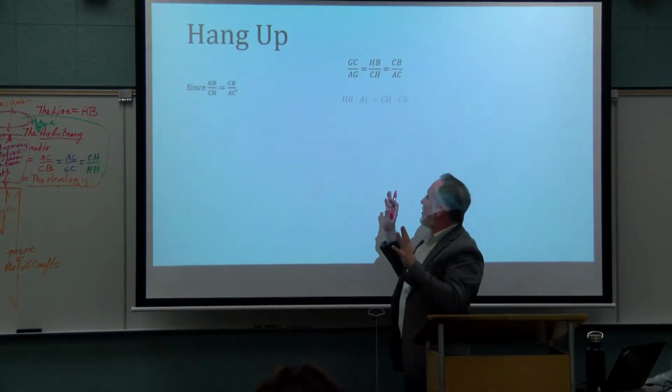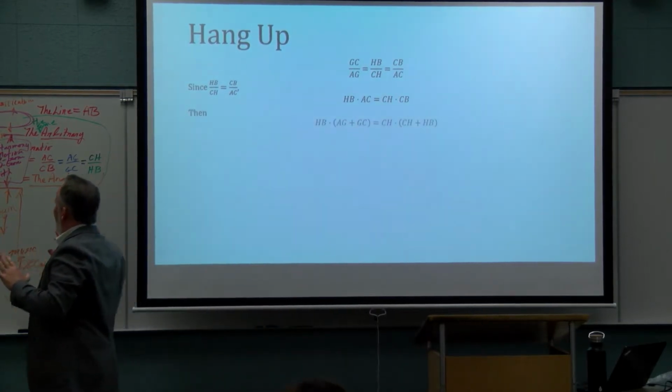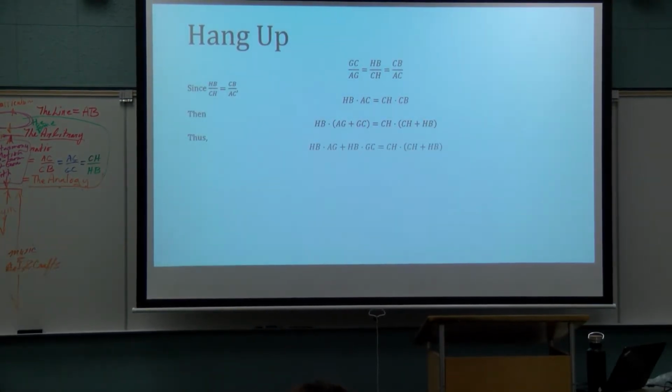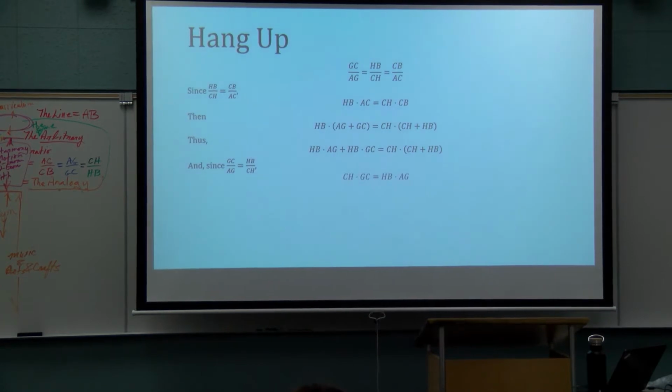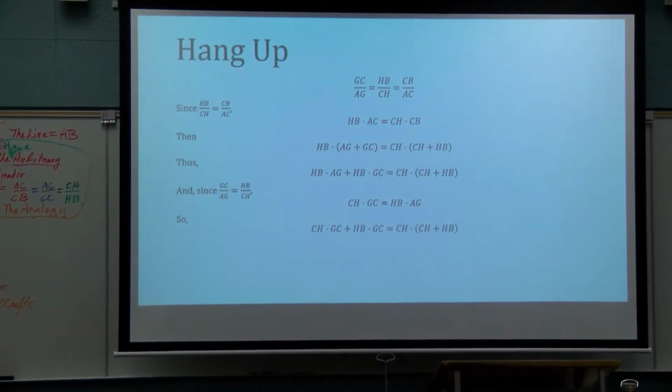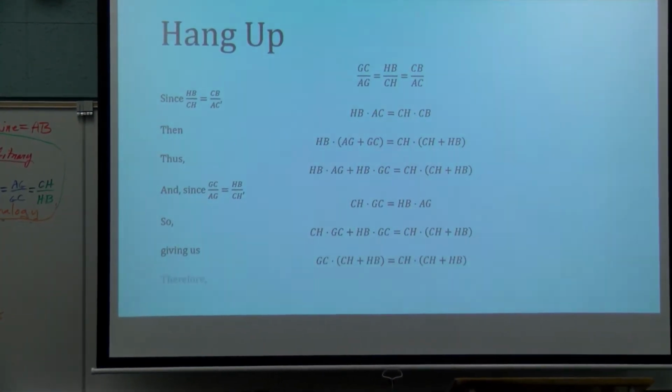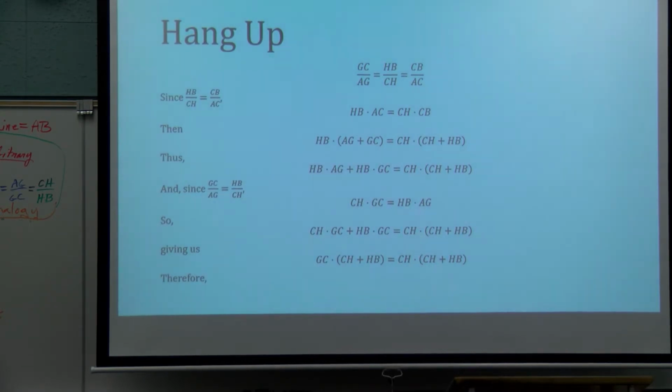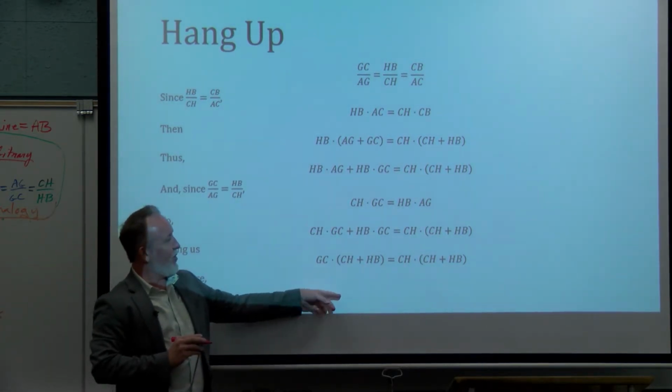And if you do a little algebra here, you will come to the conclusion, and of course you're just going to have to trust me that I did the algebra correctly. But if we look at this last line, what's the next line?